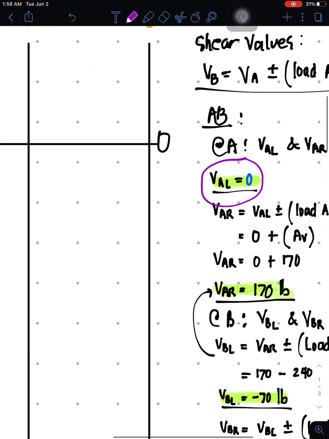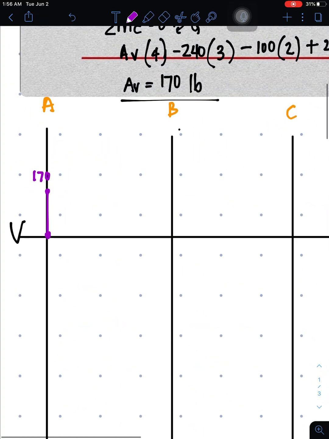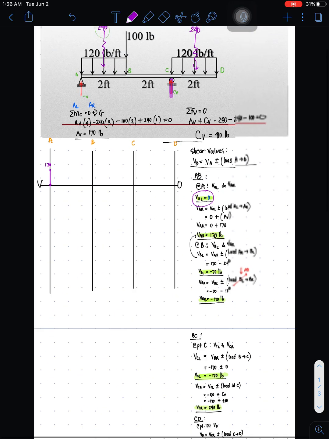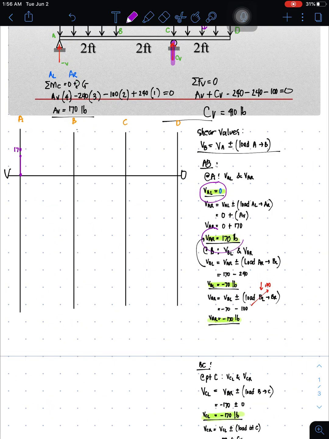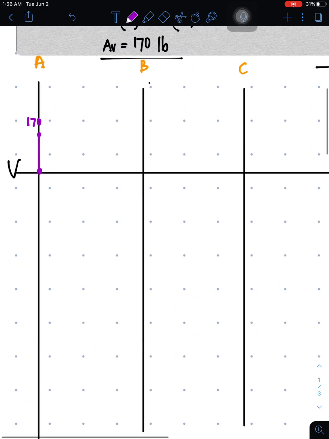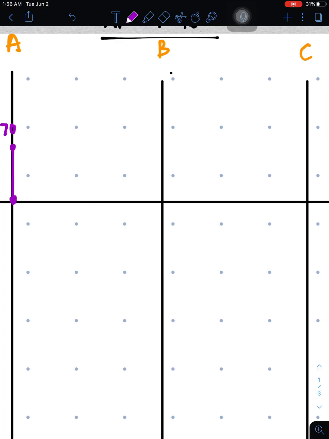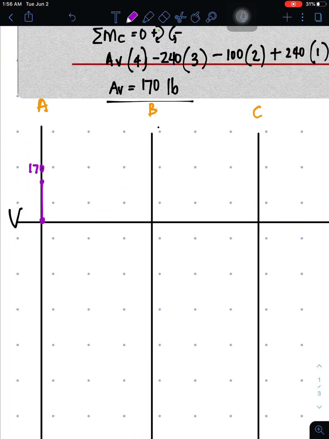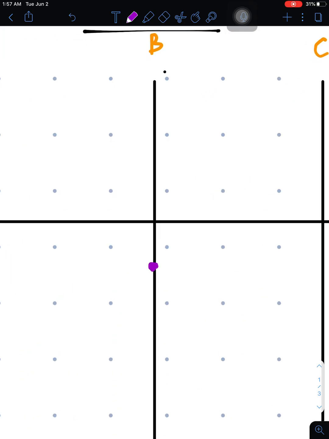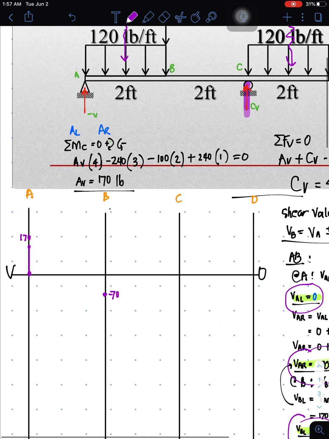Next, we are now at point B. Since we are done with A, we are at point B. So VBL is negative 170. So this is the zero shear line. We plot it at negative 70, so I'll write that, negative 70.